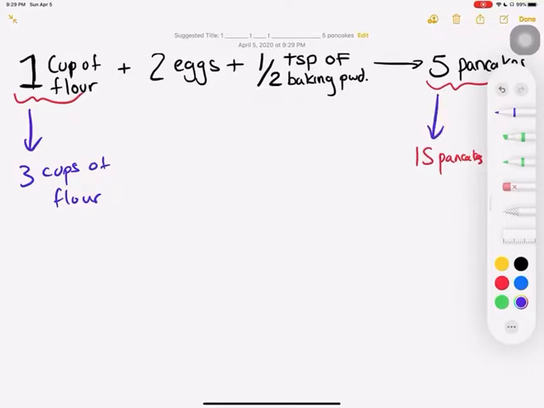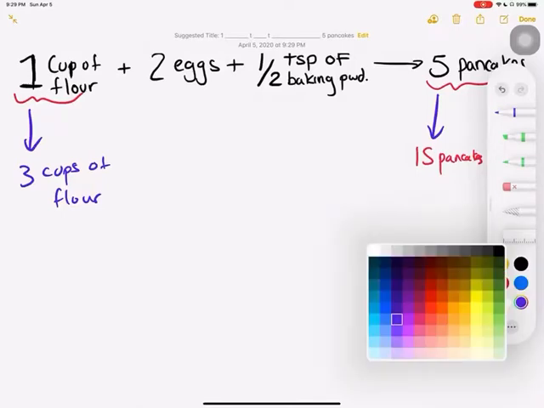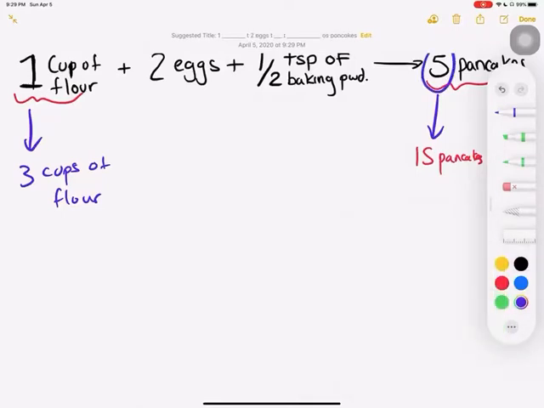And it makes sense, right? If you want to make 15 pancakes, that's 3 times what the recipe can make. That means you need 3 times the ingredients, or the reactants if there was a chemical reaction. So 3 cups of flour make 15 pancakes. This is all about ratios that we're going to be talking about here.